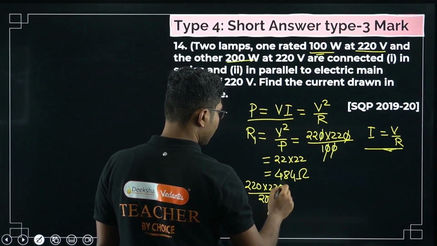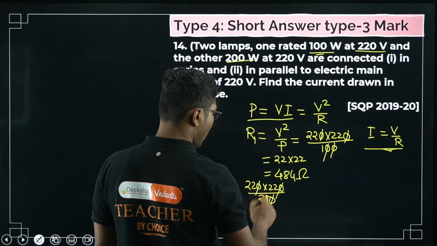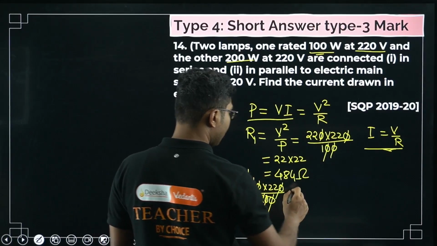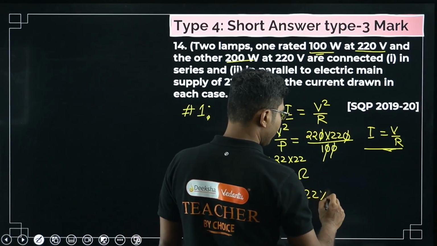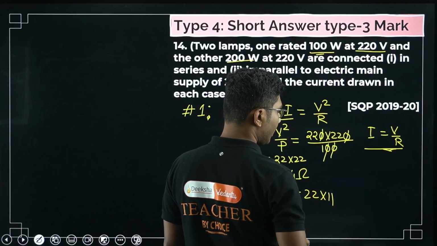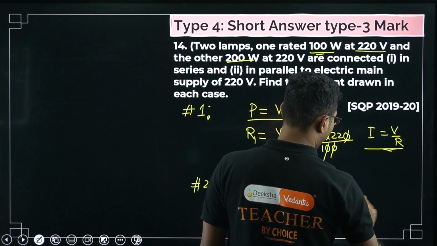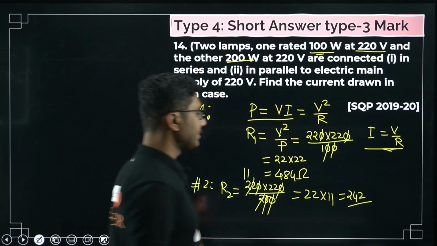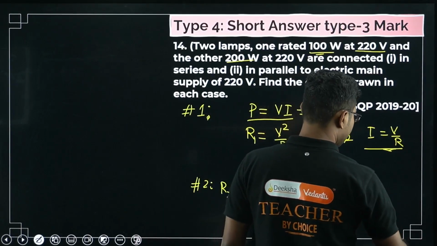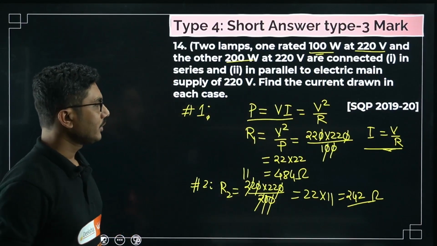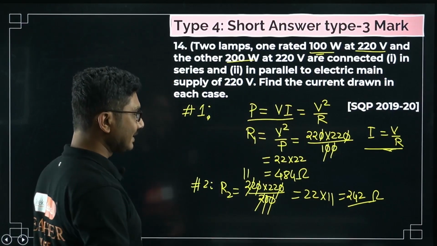So 200 cancels. One of the 22s will give me 11, so 22 into 11. So 121 into 2, that is 242. So 242 ohm is the resistance of the second bulb. So we have calculated the resistances of the bulbs.